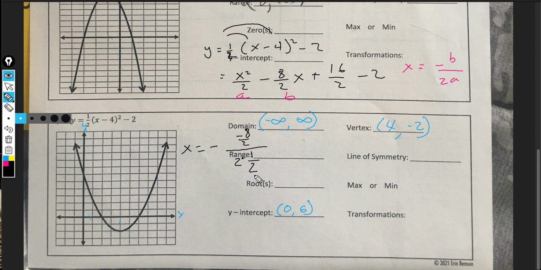And now we just solve it straight through. Nothing crazy. Negatives cancel out. 2 times that. These cancel out. So our new answer would be 8 over 2 all over 1. Anything over 1 is still just that same thing, 8 over 2. 8 divided by 2 is quattro, or also known as number 4. So our line of symmetry, which I didn't plan out, ends right there. Let me erase all this work.